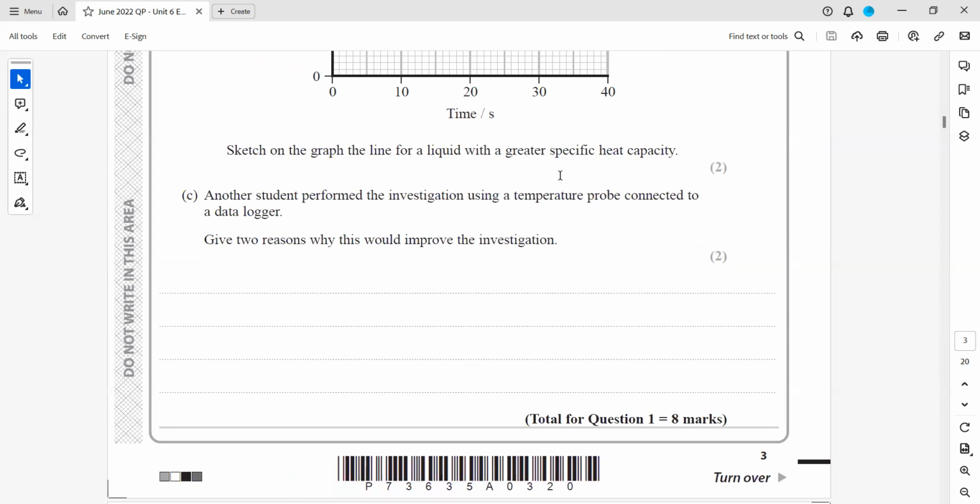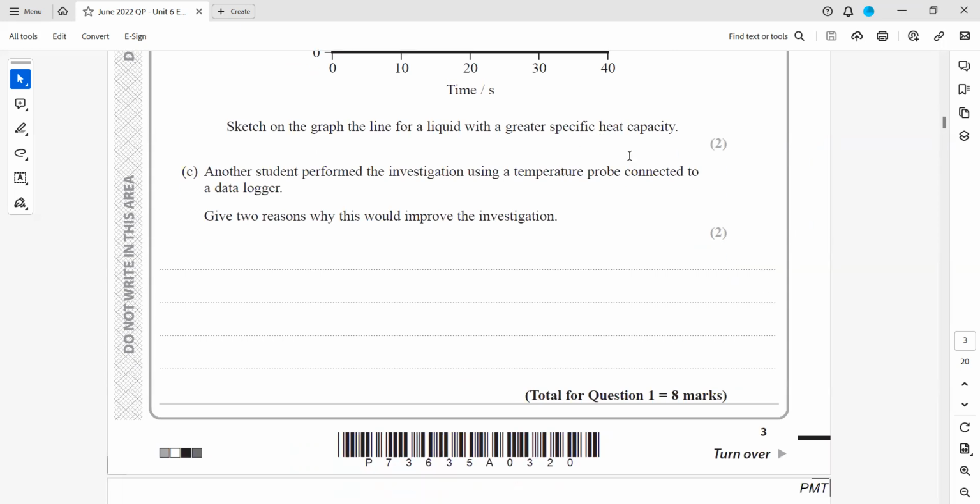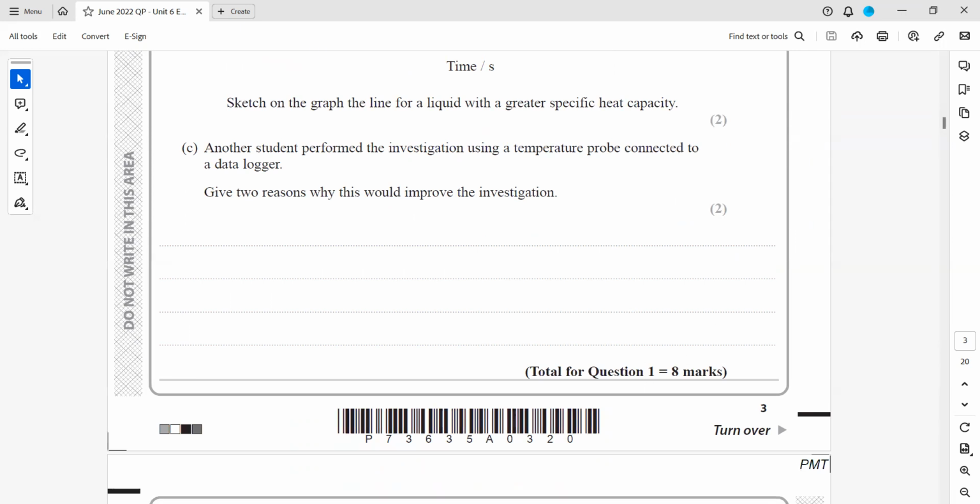Another student performed the investigation using a thermometer temperature probe connected to a data logger. You have to learn these advantages. What are the advantages of a data logger? First thing, we have to measure time and temperature, two variables. So whenever simultaneous readings have to be taken, the data logger is the best choice.